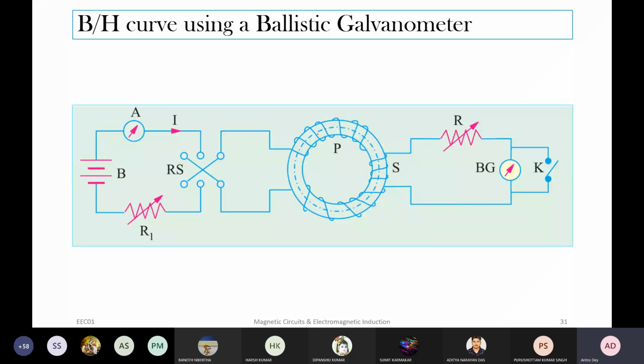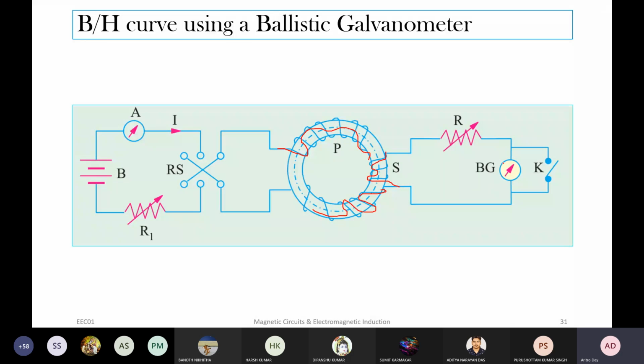This is your coil 1, and another coil is S2, which is linked with this toroid, and through this there is a resistance in series, and with this resistance we connect a ballistic galvanometer.